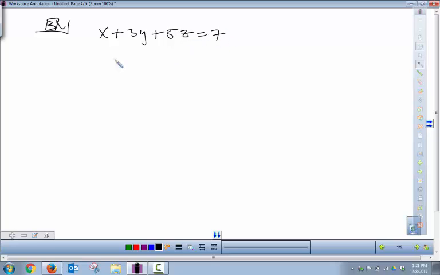Okay, somebody else give me a different plane that's not parallel. Negative 3x plus 4y plus 7z.